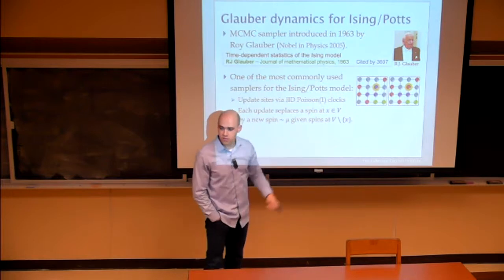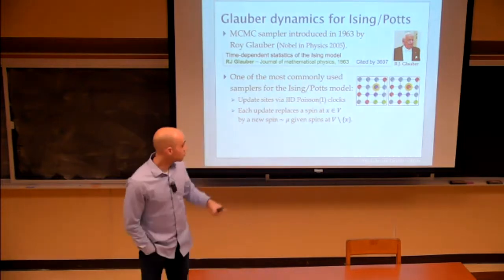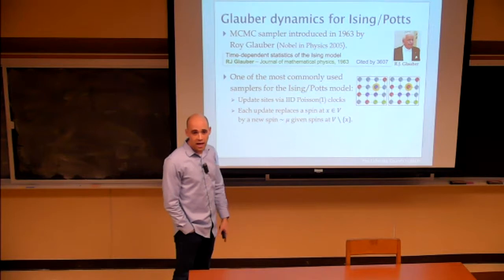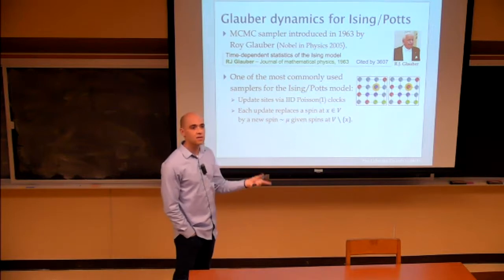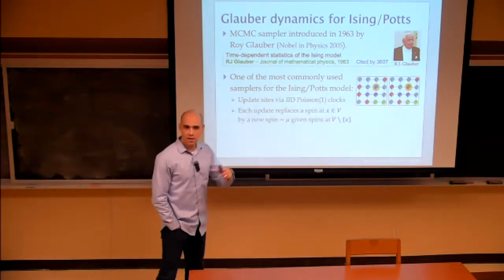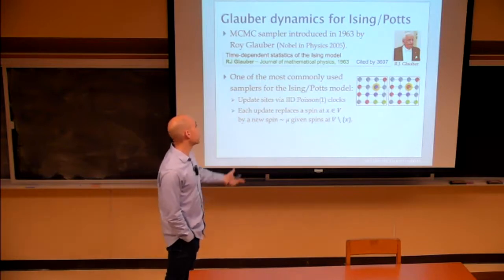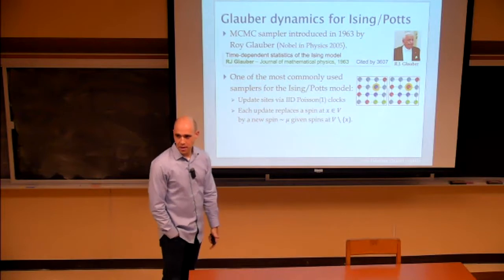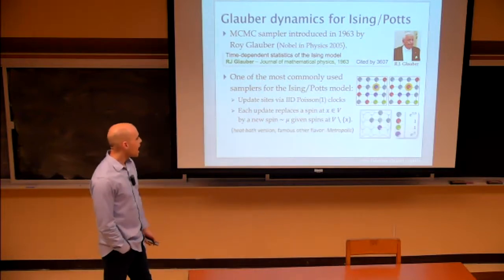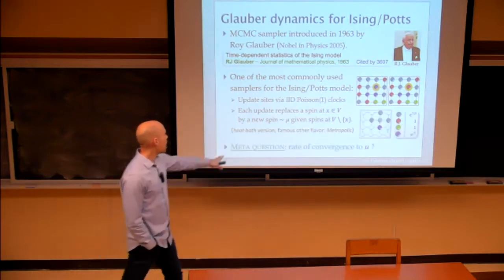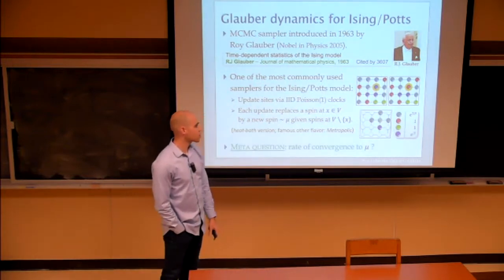So mu is stationary for this rule, and you can get from any state to any state. There are no periodicity issues. It is irreducible. So you have a natural sampler. And the main question is, how long does it take for the sampler to converge to mu?